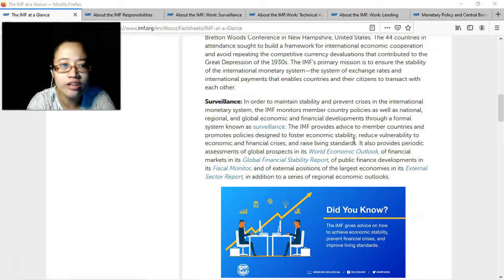Essentially, their purpose, their goals are good, right? But it must have been hard to execute. Essentially, they have member countries, and they needed to do a lot of research to understand each country's economic situation and to provide the advice and guidance that they say they provide to the member countries.